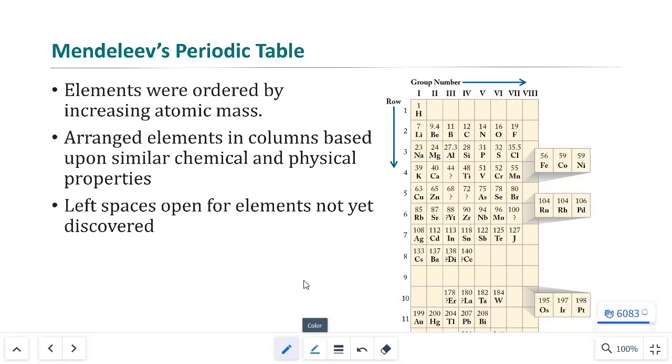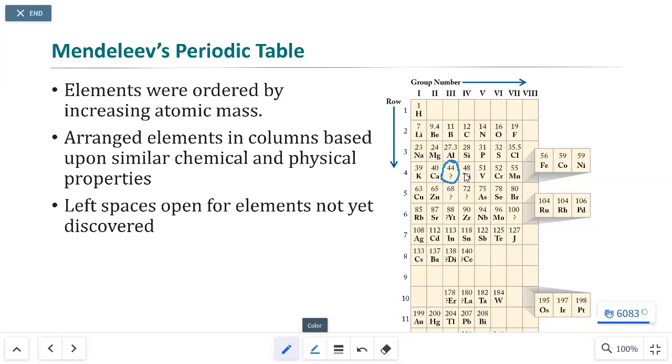And what he was also able to do, and it was really important, was he recognized holes. So for example, between calcium and titanium here, he recognized, okay, calcium makes sense with magnesium, with zinc, they have similar kinds of properties. They all form +2 ions. They all react with oxygen in a similar ratio.